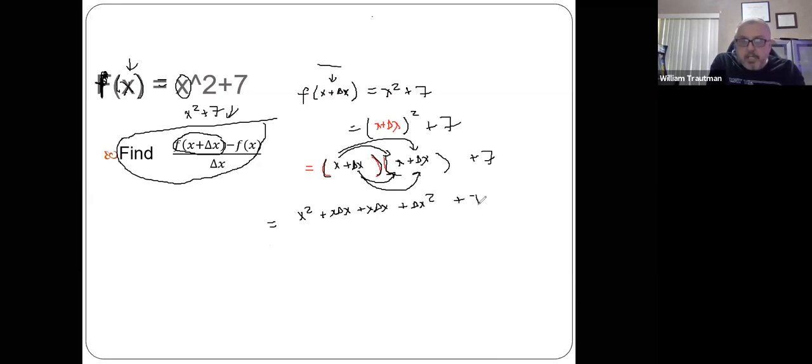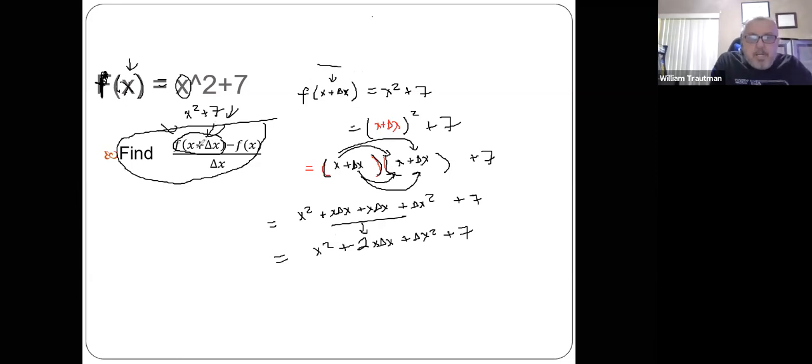We're going to combine like terms. These two combine. And we get x squared plus 2x change of x plus change of x squared plus 7. So that's what we get when we plug x plus change of x into the equation.